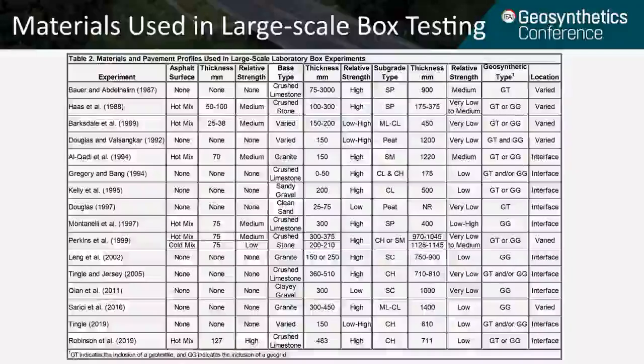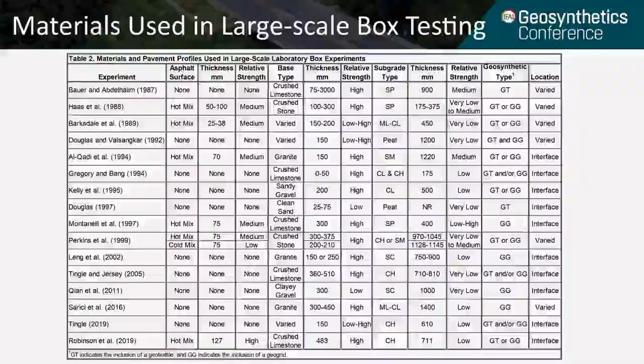This slide shows Table 2 from the paper. Table 2 reports the material and pavement profiles used in large-scale laboratory box experiments. The table demonstrates that a wide variety of pavement materials have been used in the pavement box experiments. Different subgrade strengths ranging from low strength to high strength have been used in these simulations.